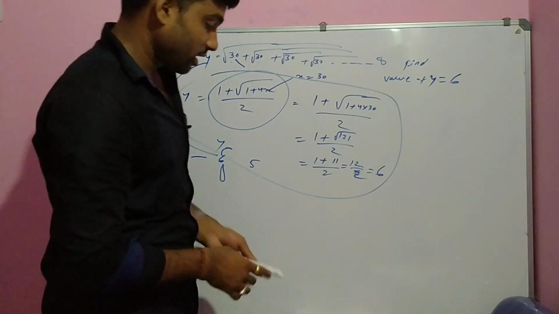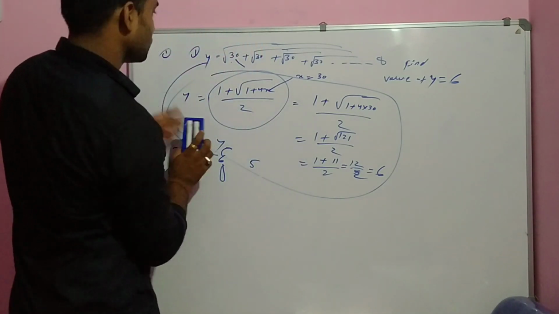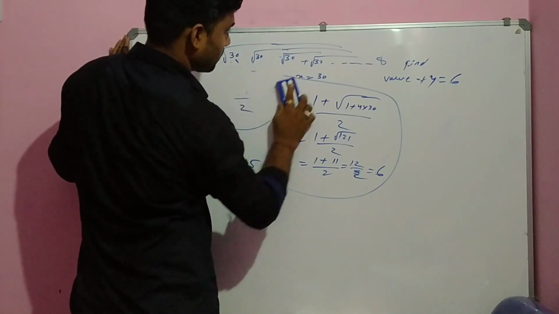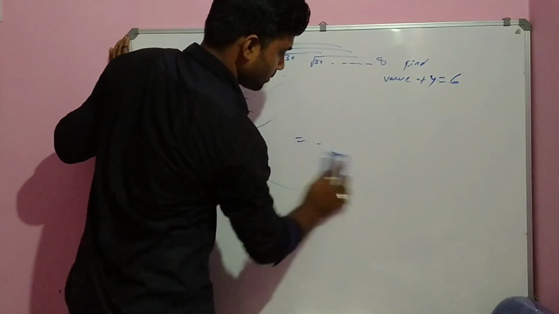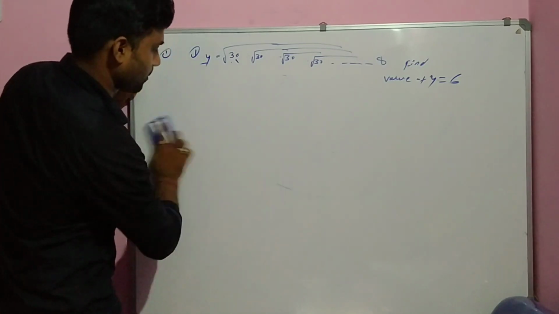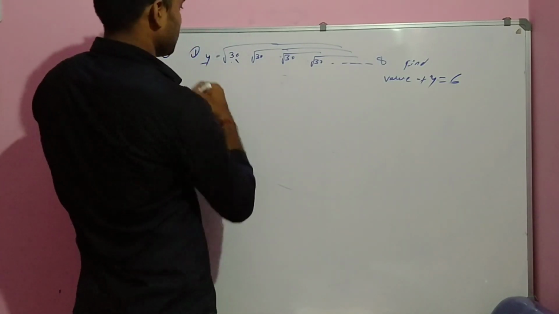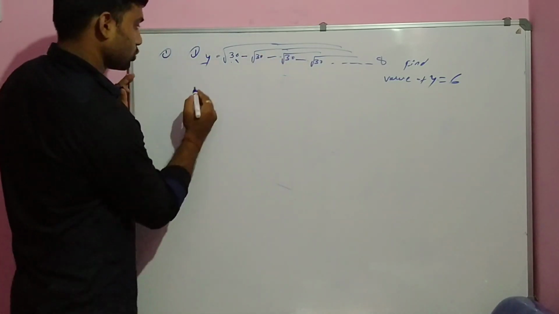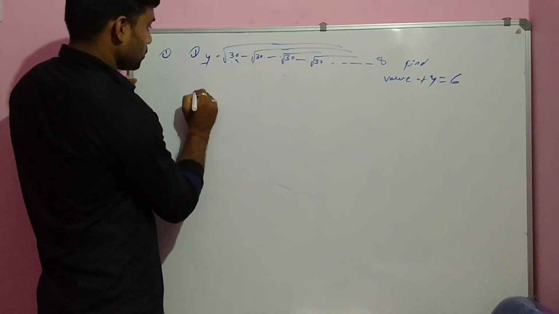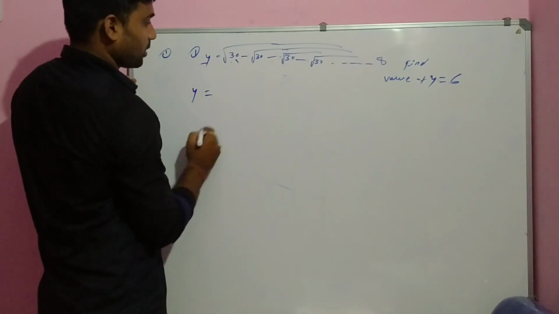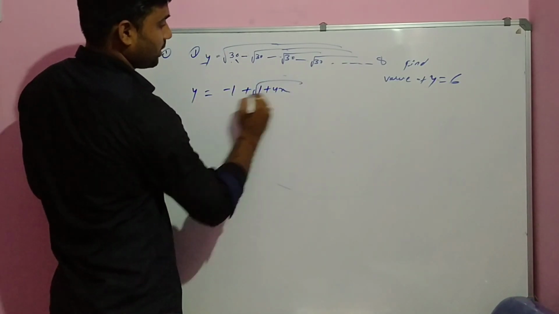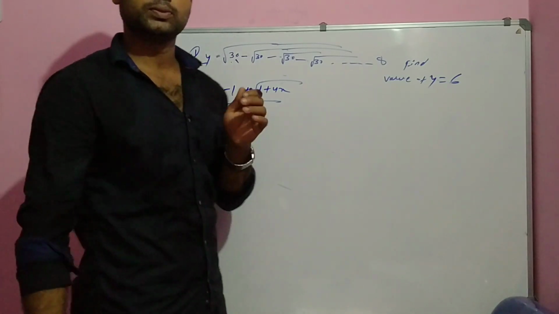Let's discuss if there is a minus sign. Suppose the same question: root of 30 minus root of 30 minus root of 30, infinite. What will we do? The value of y equals minus 1 plus the root of 1 plus 4x, divided by 2.